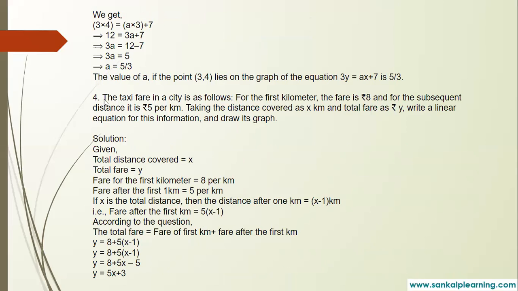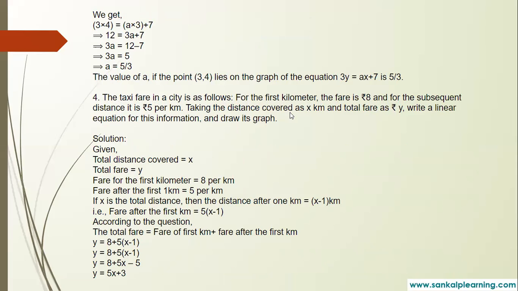Is fourth one. Read the question. The taxi fare in a city is as follows. For the first kilometer, the fare is rupees 8, and for the subsequent distance, it is rupees 5 per kilometer.